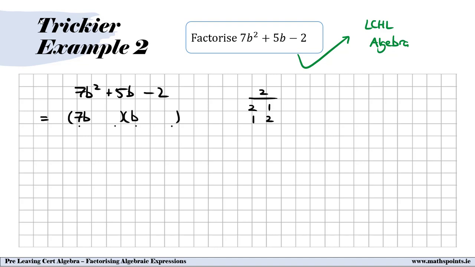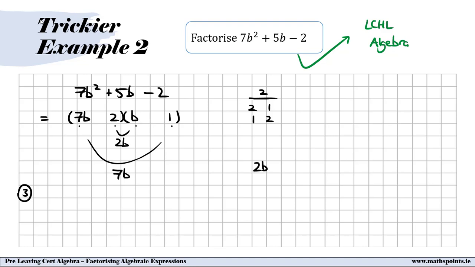So we'll just try 2 times 1 and we'll run through our 3 checks to see if this is the correct factorization. So the first check, we know that 7b times b is 7b squared. The second check, we know that 2 times 1 is 2. And the third check, we're going to multiply the inner terms to give us 2b and the outer terms to give me 7b. And we have to see, can 2b and 7b somehow combine to give me plus 5b.